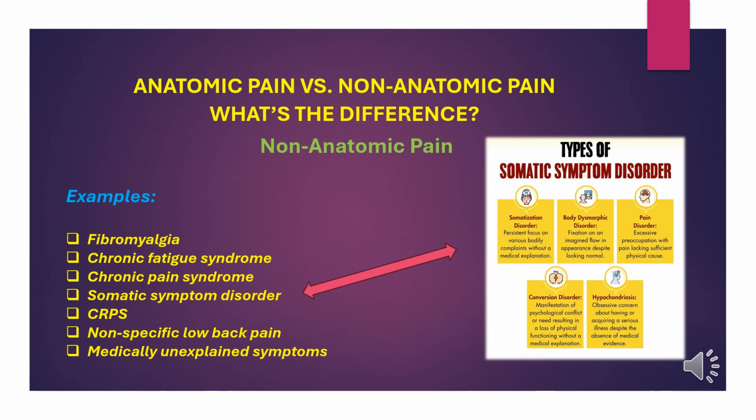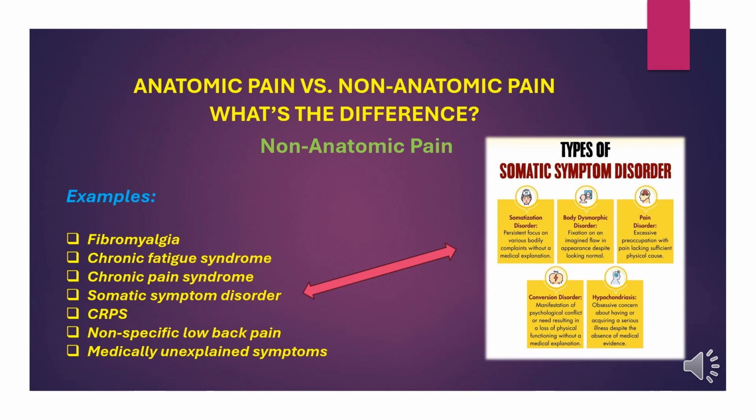Okay, complex regional pain syndrome, or CRPS, as we know from the AMA Guides. This is a chronic pain condition that affects a limb after an injury or a surgery, with pain that is really out of proportion to the initial injury and can't be attributed to a specific anatomical structure.